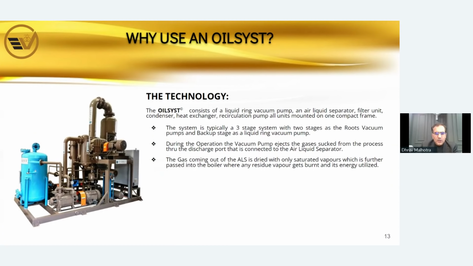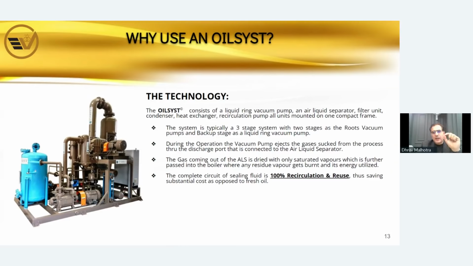Now the blue vessel that you see here is the air liquid separator. The gases coming out of the air liquid separator are dry with only saturated vapor, which is further passed into the boiler, where any residue vapor gets burnt and its energy gets utilized.